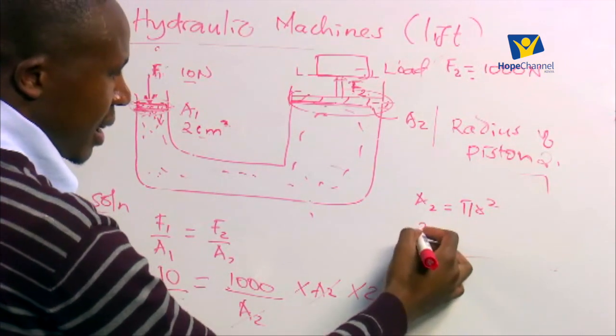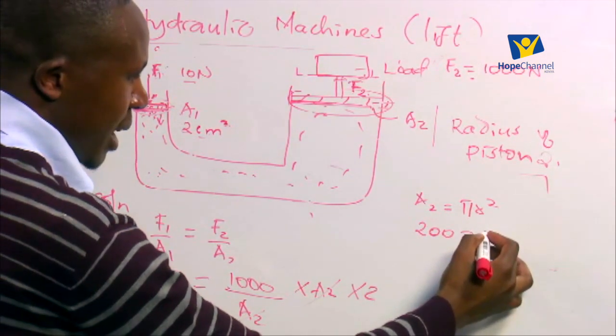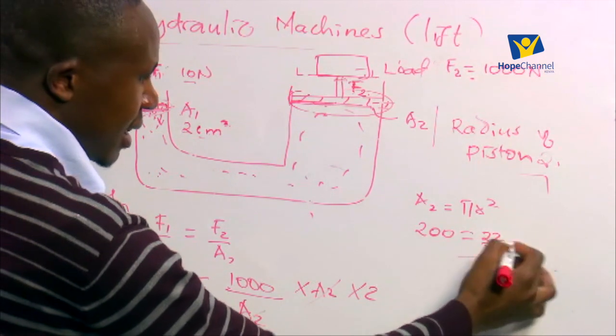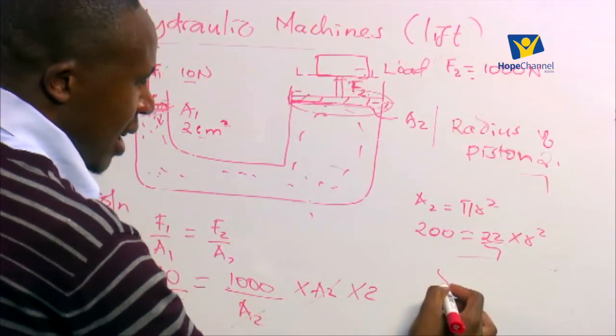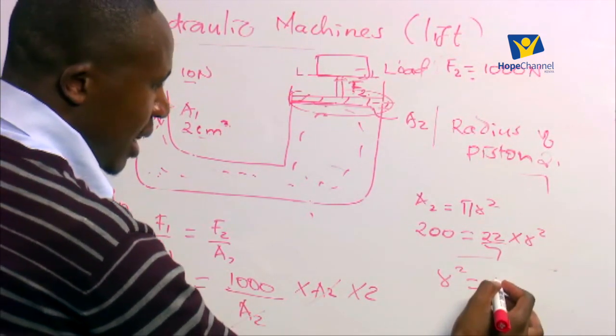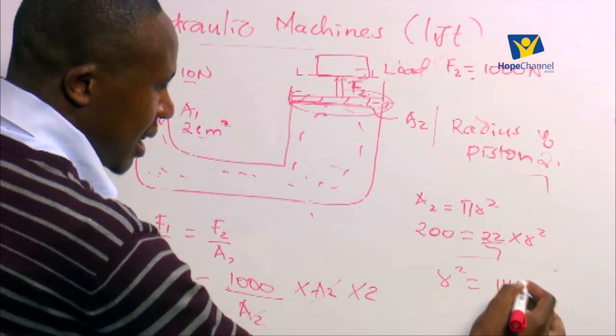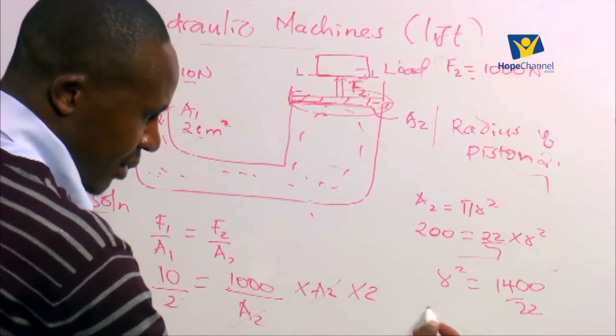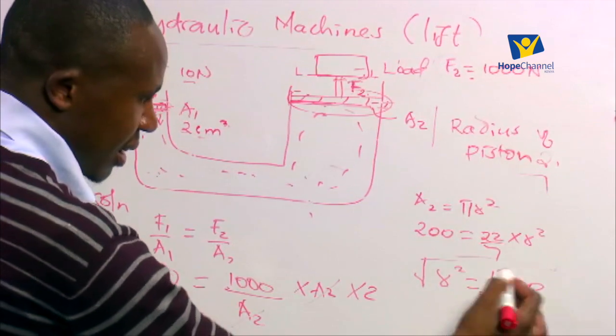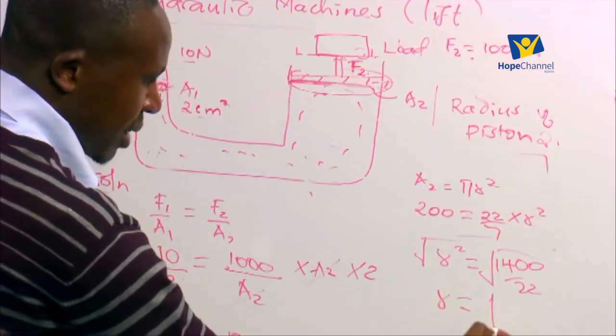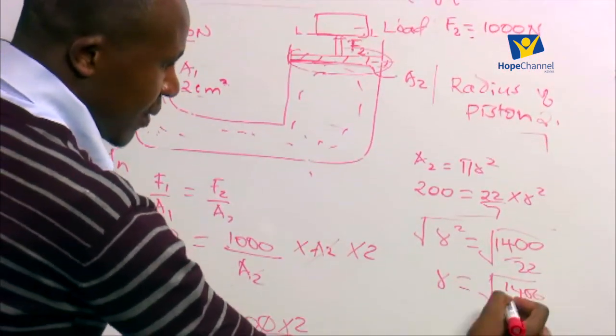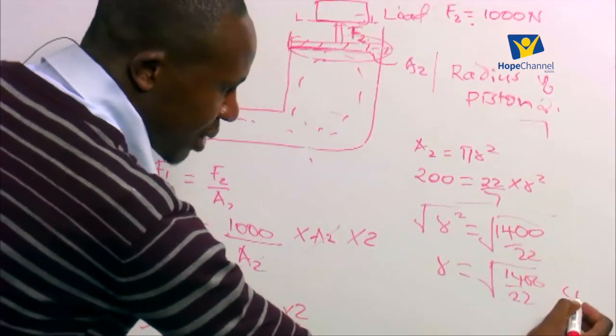So we have the area, 200, equal to pi, 22 over 7, times r squared. So r squared becomes 200 times 7 is 1400, divided by 22. We need the value of r, so we take the square root. So r will be equal to the square root of 1400 divided by 22, and whatever we get will be in centimeters.